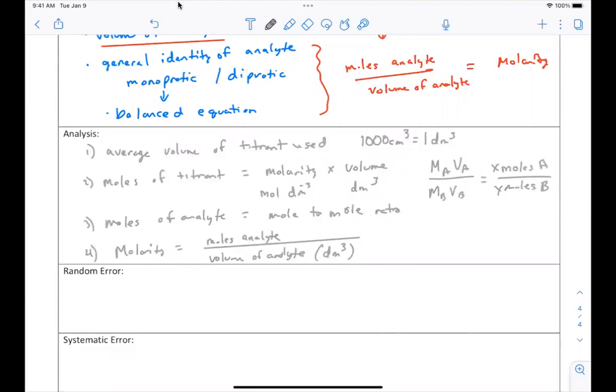Yeah, generally, but it could be anything, right? They could ask you what volume you would need, and you could still do it if you knew the molarity. So you can use this in a lot of different ways.